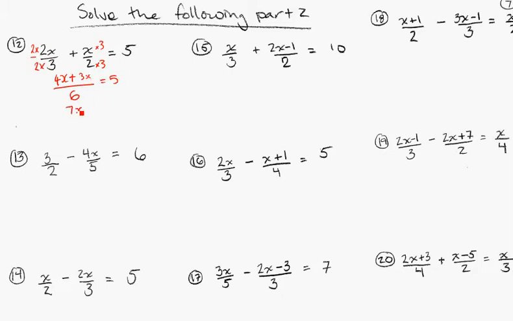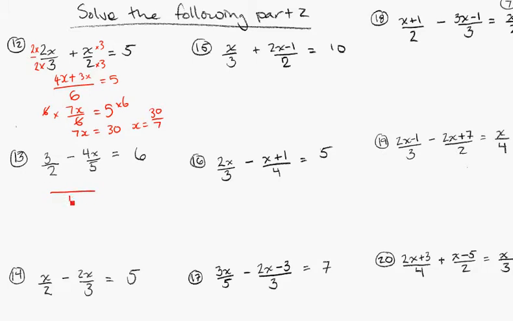So that's 7x. And then obviously multiplying both sides by 6 leaves me with 7x equals 30. X would equal 30 divided by 7.